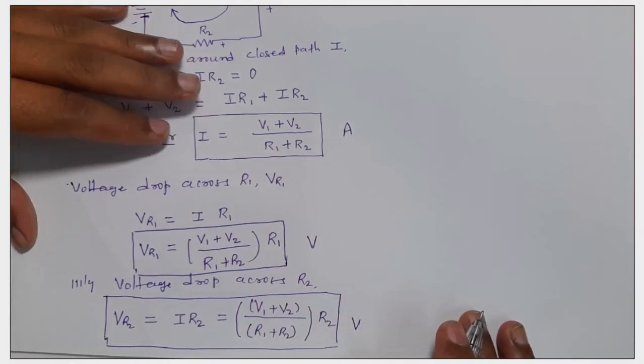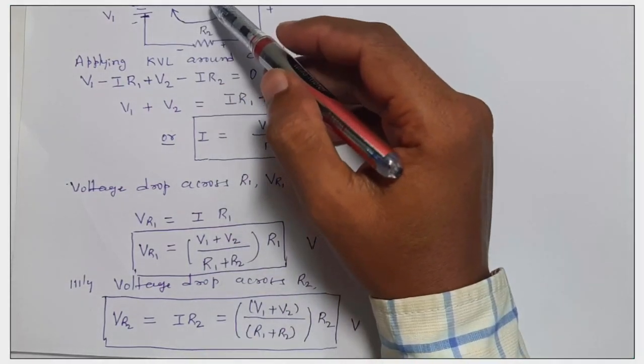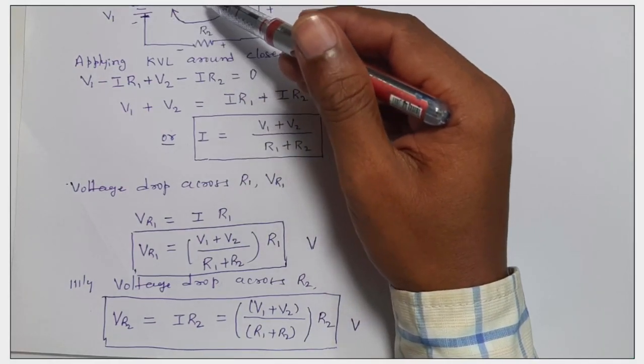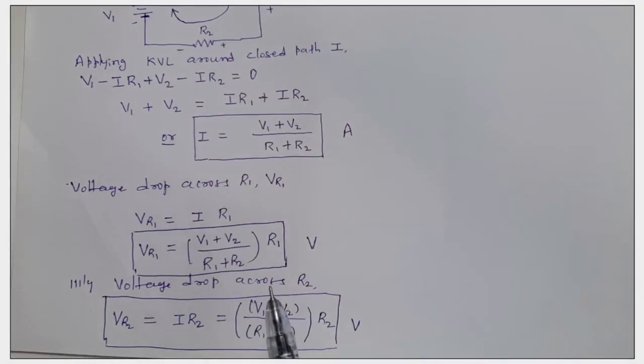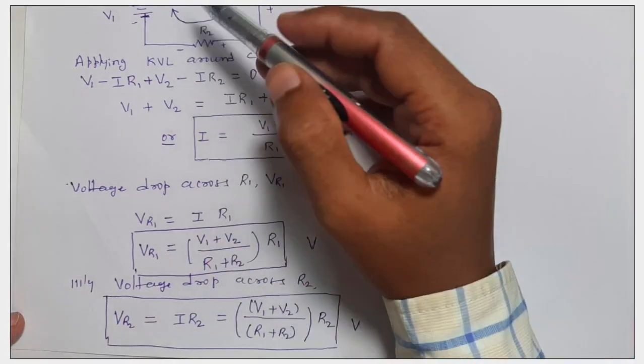Dear student, using KVL we found an unknown value, that is I. Once we find the unknown current, obviously we can find any other values. Important here is how to apply KVL.